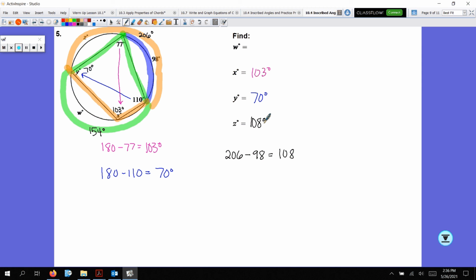All right, the only one we're missing is W. So let's do one more inscribed angle and see if we can find our overlap. This minor arc there is 108. Let me change color so we can separate what we're looking at. Which way did I not go? Because we're looking for W. All right, here it is.